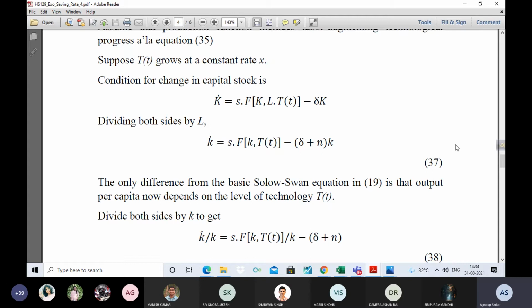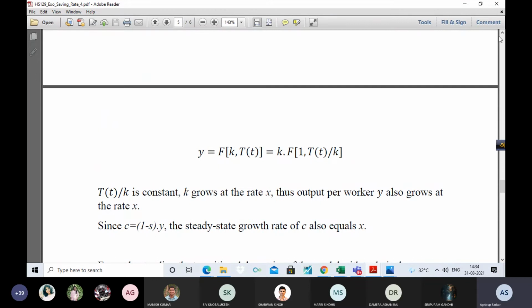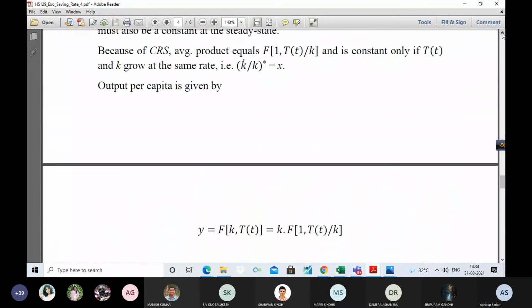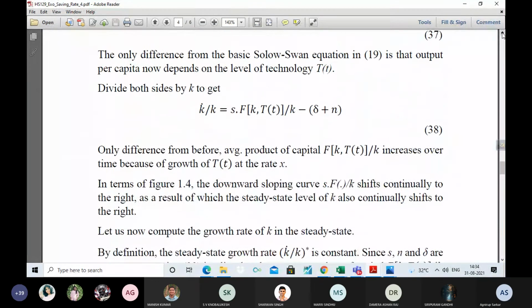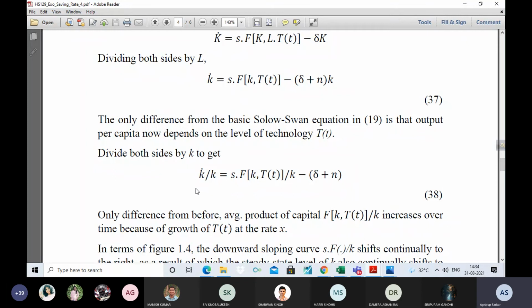Notice that this shows how capital, small k, evolves or grows over time. Now, as in the basic Solow-Swan model, small k dot by small k here equals the difference between two terms, right?